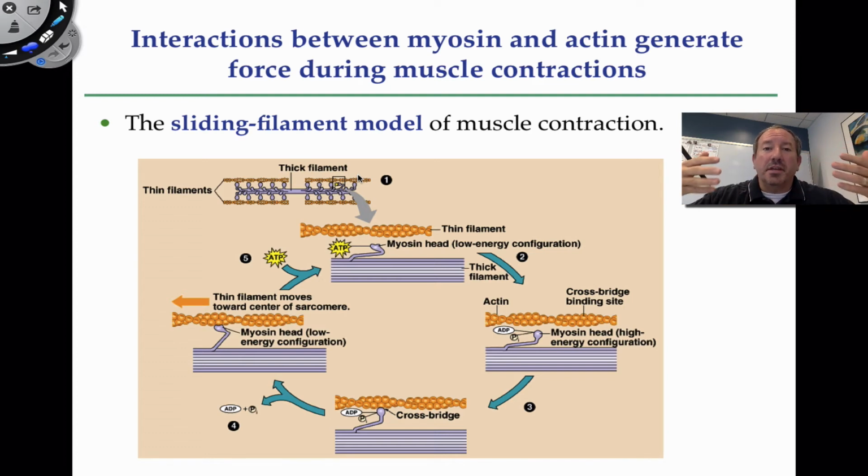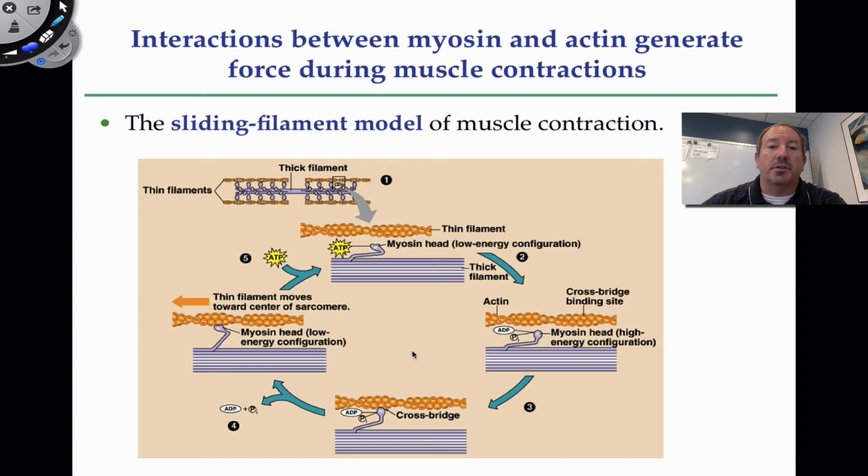And the reason the thin filaments, which are actin, are sliding close together is that myosin is pulling them in. Myosin's pulling it in. And so check it out. What happens is, you could look at this cycle and start it in any number of ways. It's kind of hard to understand it in a still image like this, but ultimately it's a cycle because it repeats over and over again.